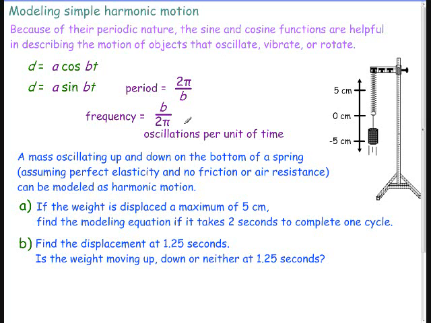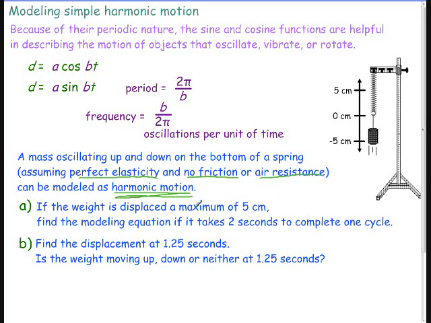So we've got perfect elasticity, no friction or air resistance. Is that real? No. So we're looking at a perfectly oscillating body, nothing getting in the way of this harmonic motion. At least it tells us theoretically, huh?